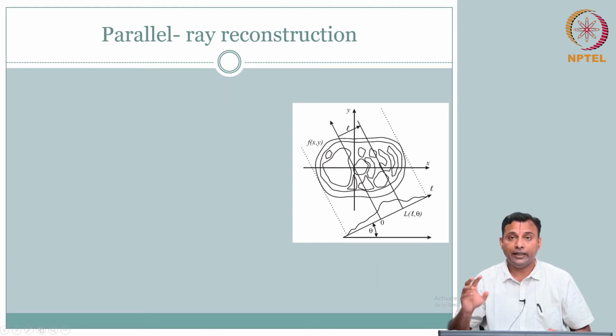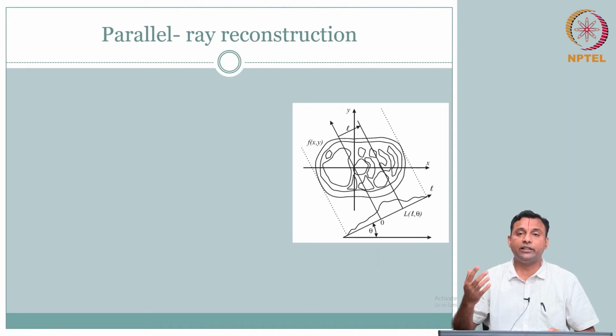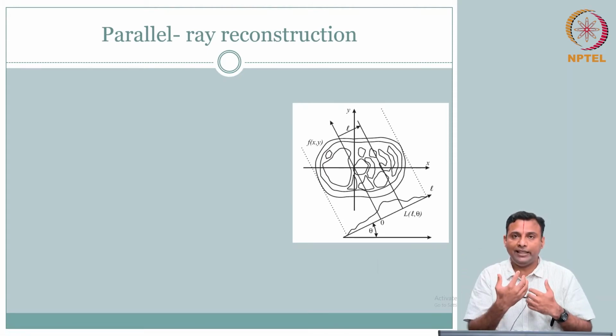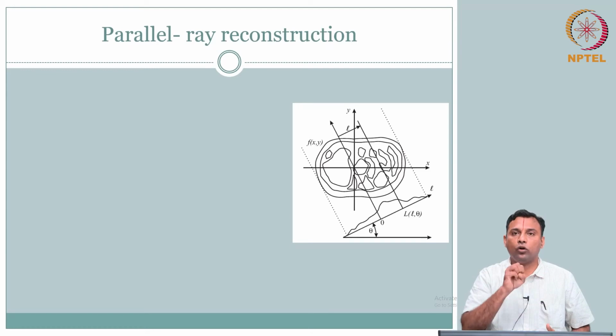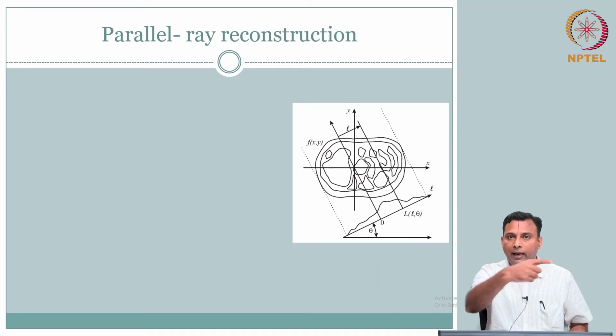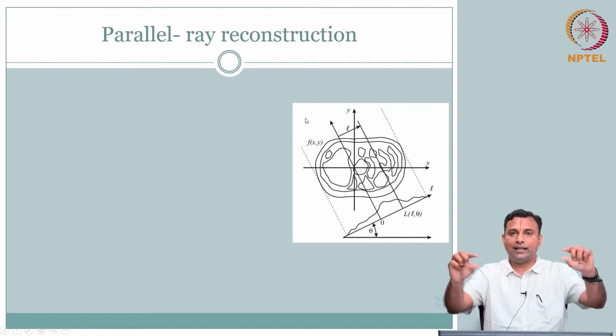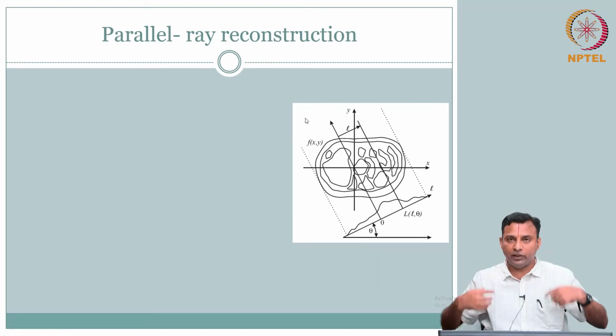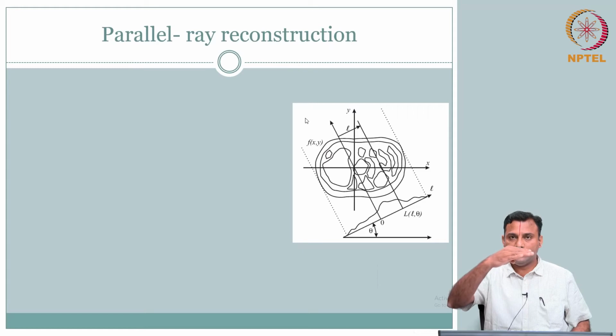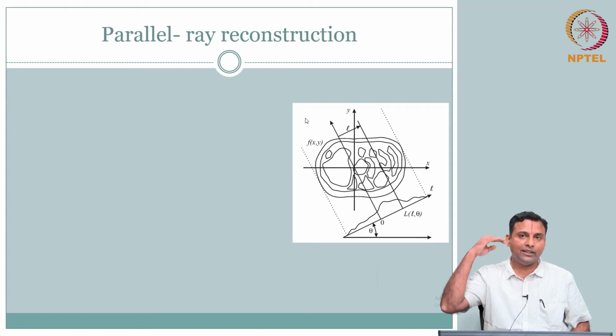In our X-ray projection radiography, the object was 3D and we used a cone, so 3D was collapsed to the 2D plane of paper, whereas here I am sending X-rays only in a slice. So even though the object is 3D, it is only this 2D imaging slice that I want to image.